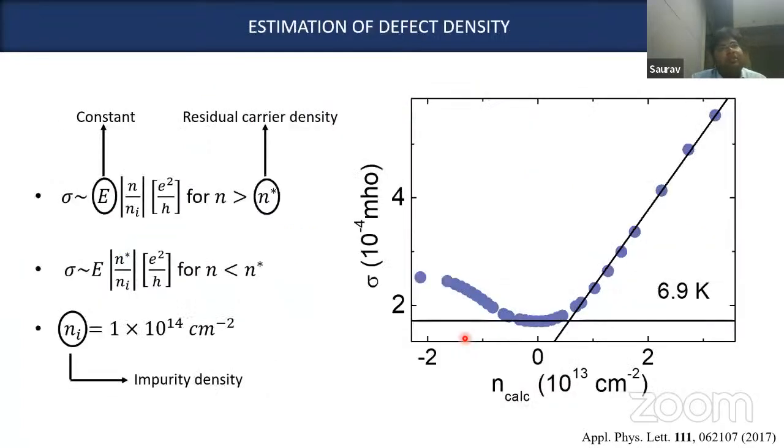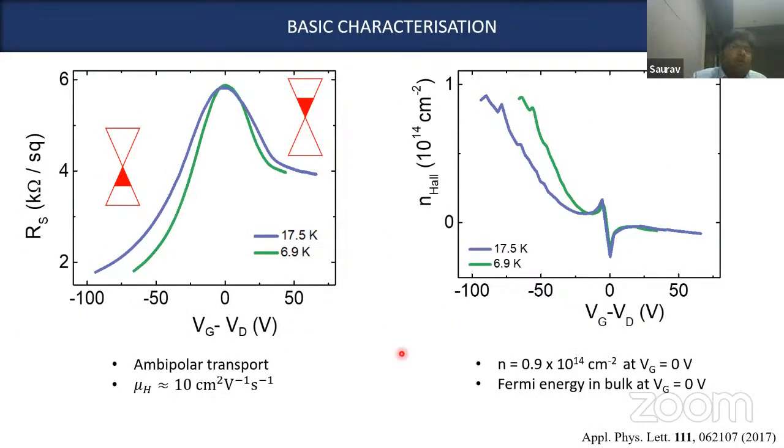To estimate the defect density in this case, we use charged-impurity-limited scattering in the case of Dirac fermions, and we find that the defect impurity density in these samples is of the order of 10 to the power 14 per centimeter square, which matches with the Hall measurements.